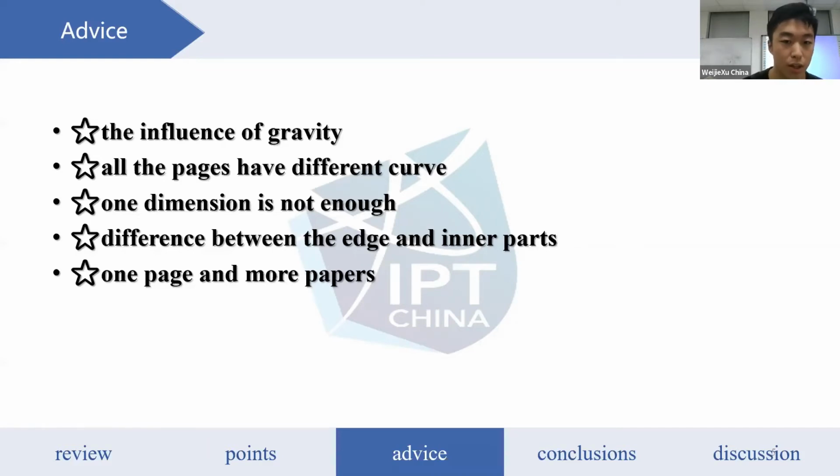And when you calculate the potential energy, you have to consider a 2D model. The fourth piece of advice is that you have to consider the difference between the edge and the inner parts, and you have to consider one page versus more papers stacked. So what is the difference? Have you done the experiment?